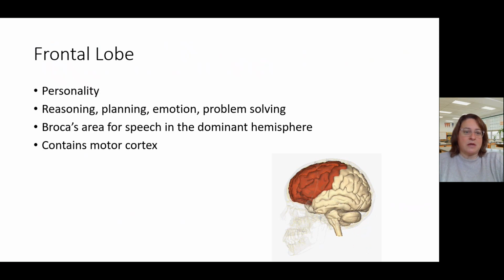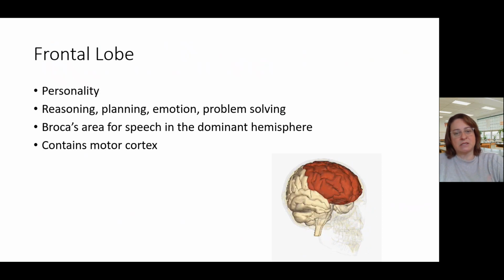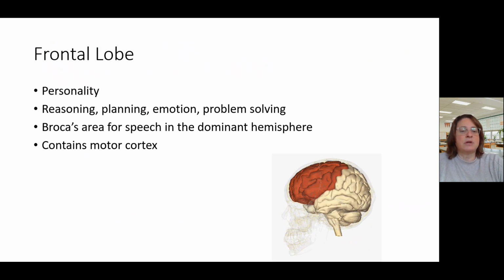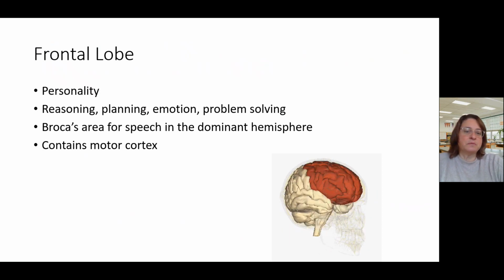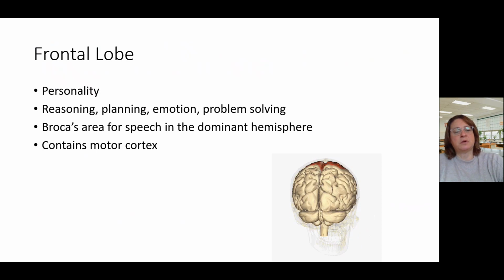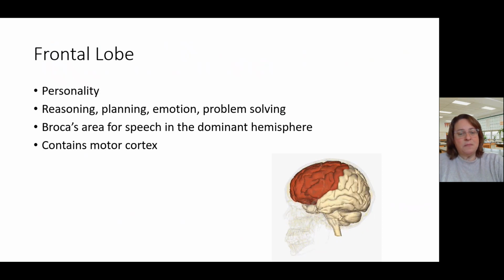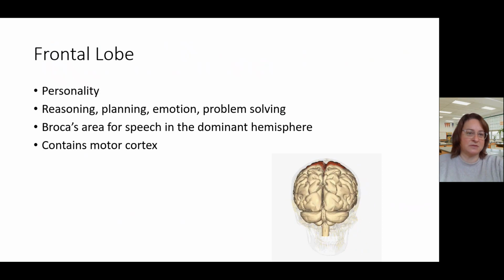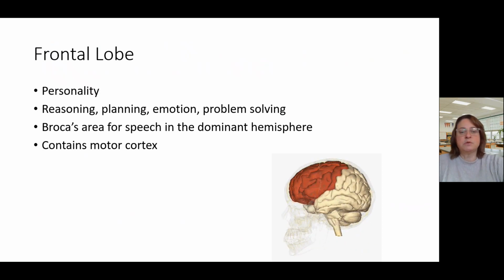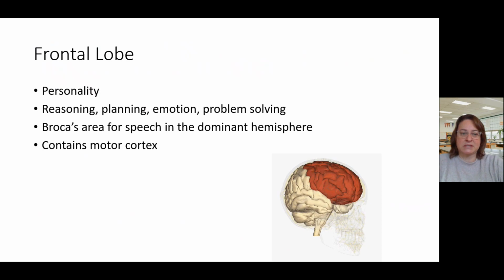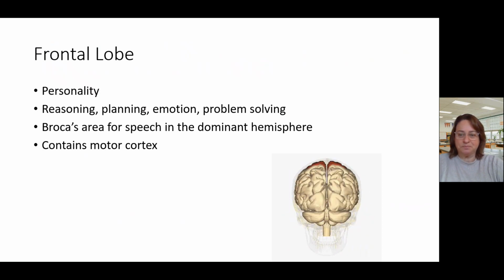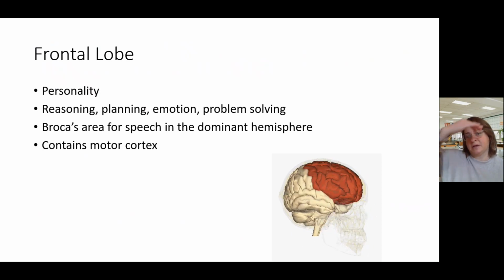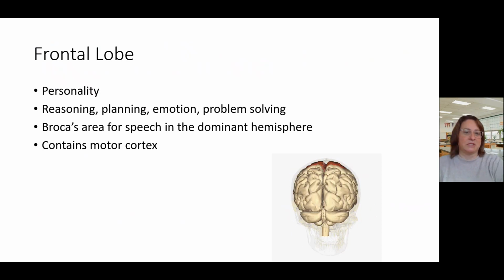You have got in there parts of what is personality, some of it unconscious. You're not aware of your personality, it's just there. Reasoning, planning, emotion, problem solving. We're going to get to Broca's area for speech a bit later on. For me, as a right-handed person, that would be in the left hemisphere in the frontal lobe. You've also got the motor cortex in the frontal lobe, running as a kind of line across the mid of your head, and we'll get to that.